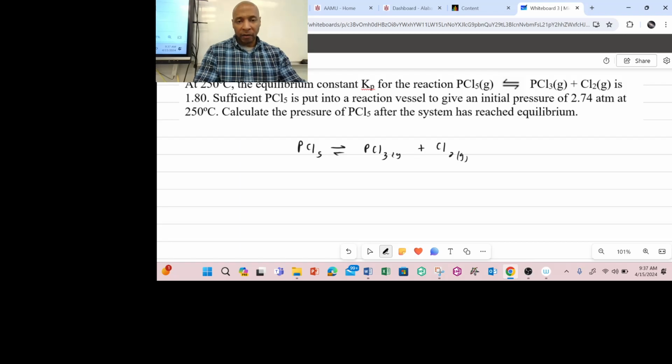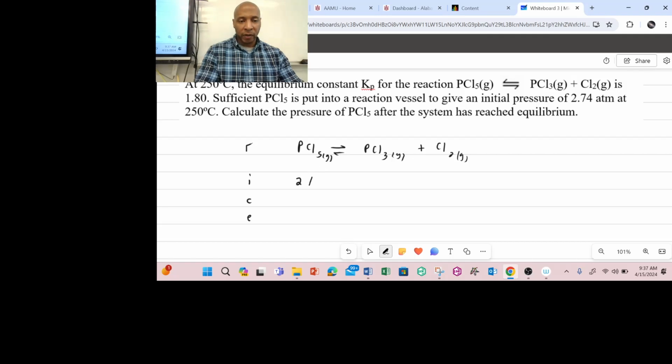The only reason that matters is because we're using a Kp and not a Kc term. So I'm going to put an R here for reaction, an I here for initial, a C here for change, and an E here for equilibrium. So they told us that the partial pressure of PCl5 was 2.74.